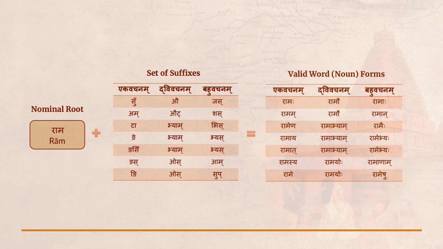Or you take Ram and add this Aus, you will get Ramayoho. There are rules which will do it. So you can take a nominal root, add any of the suffixes and get a valid noun form. Some rules will kick in between to combine them and things of that kind.